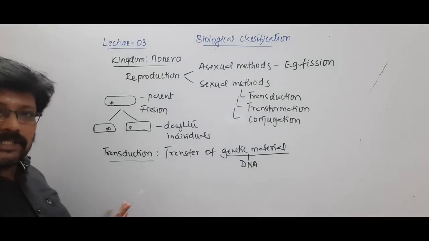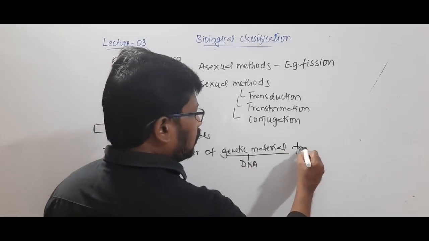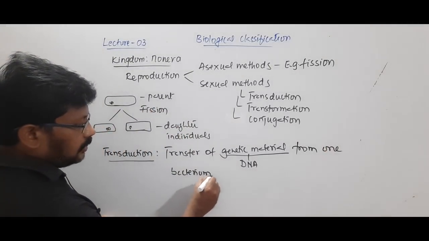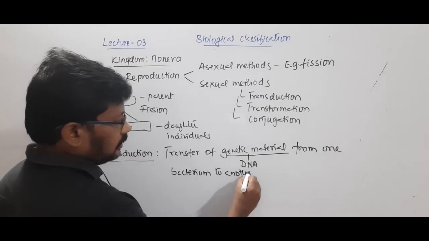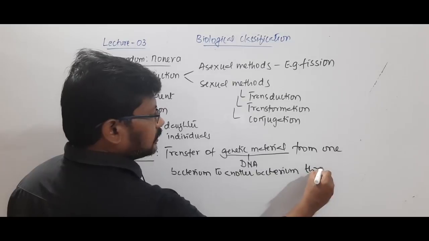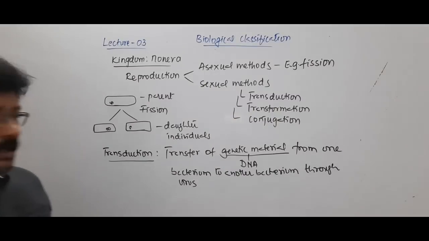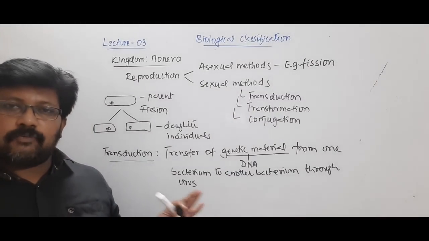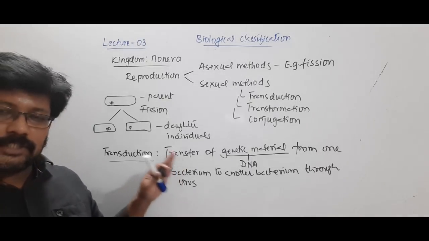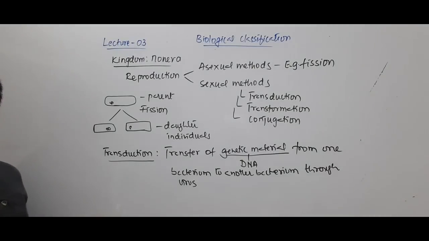In bacteria, the genetic material is DNA. So the virus will carry the DNA from one bacterium to another bacterium. If that is the case, then such a mode of sexual reproduction is called transduction.